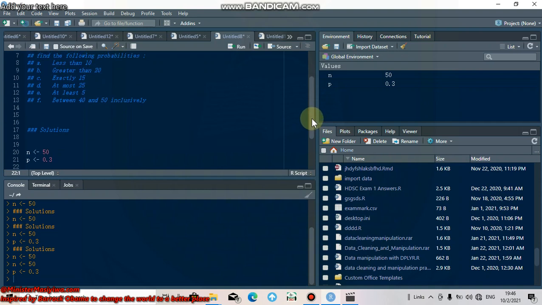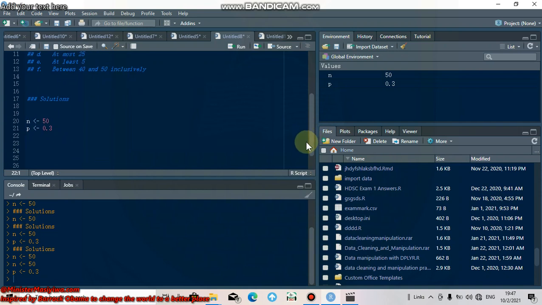It says probability of less than 10. Less than 10 means that we are starting from 0 and ending at 9. Because if we are saying less than 10, since binomial is a discrete probability distribution, it only takes distinct values. So a value just less than 10 is not 9 point something, it's exactly 9, because it's a distinct point, right?